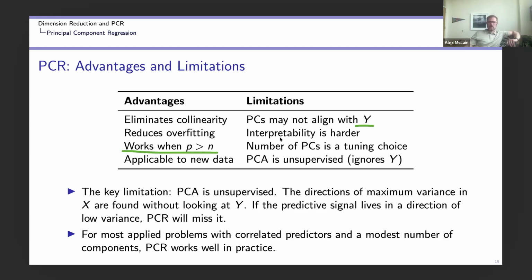There's some methods that do something similar to PCA and pay attention to Y. There's a method called partial least squares, PLS, that is going to summarize the X variables with the Y in mind. Also, there's the methods like LASSO that I talked about in the beginning.